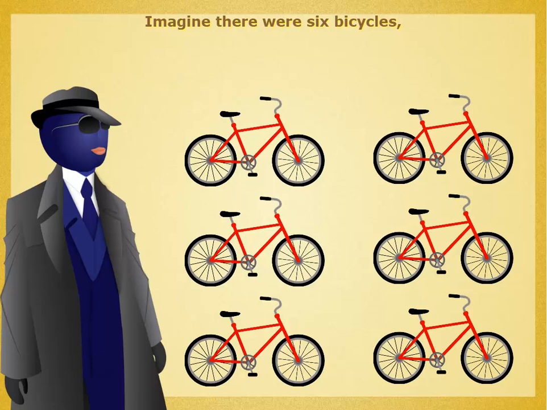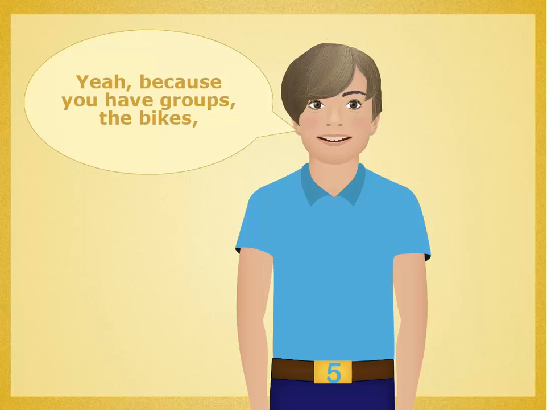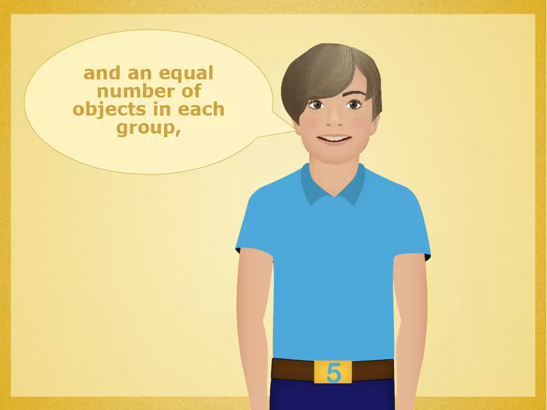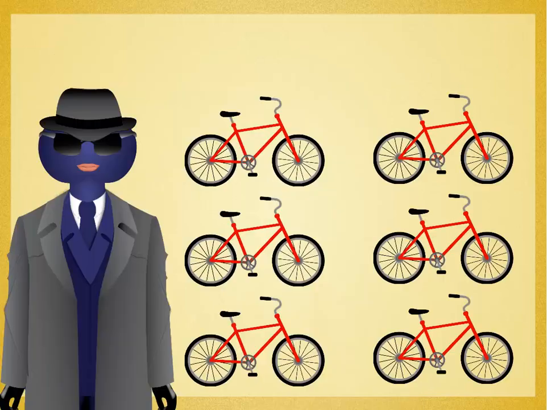Imagine there were 6 bicycles, and your job was to determine the total number of wheels on all 6 bikes. Will this be a fitting use of a multiplication operation? Yeah, because you have groups, the bikes, and an equal number of objects in each group, the wheels. Splendid.